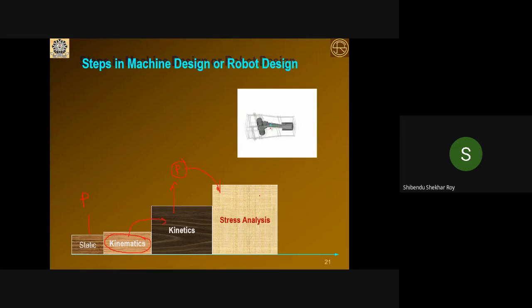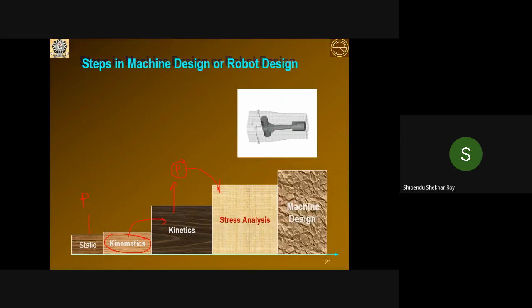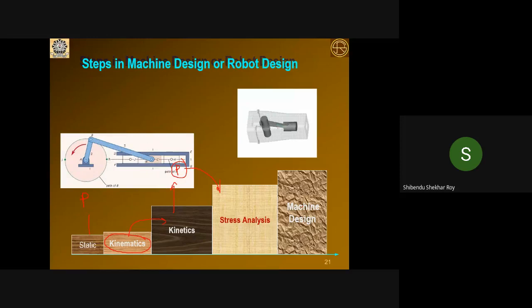Using the stress analysis, you can find out the safe cross-sectional dimension of a chosen geometry, whether circular, rectangular, or I section, that is your choice. You have to check systematically a number of times. This is the sequence of steps for machine design.